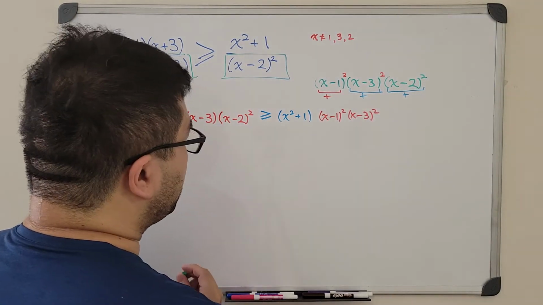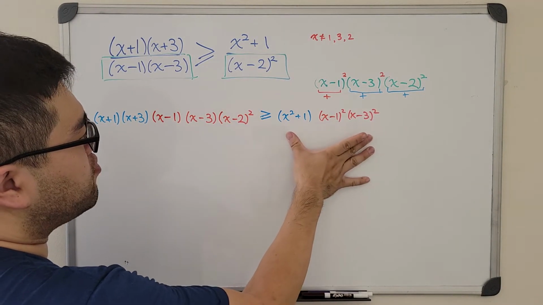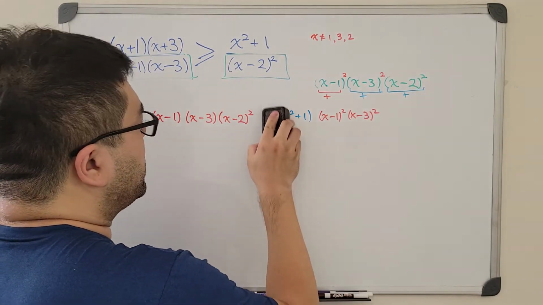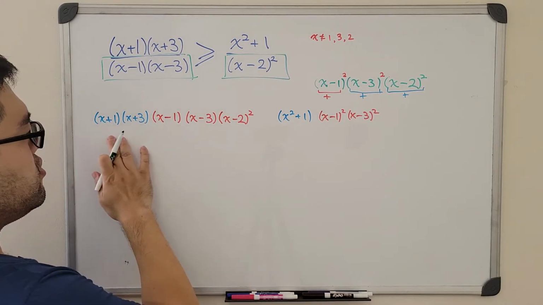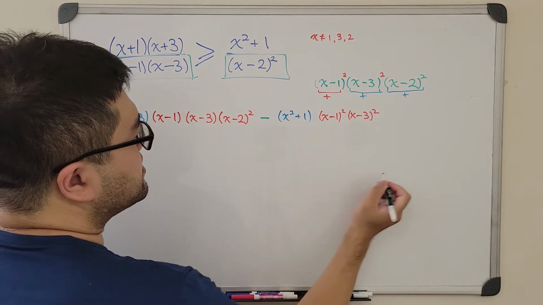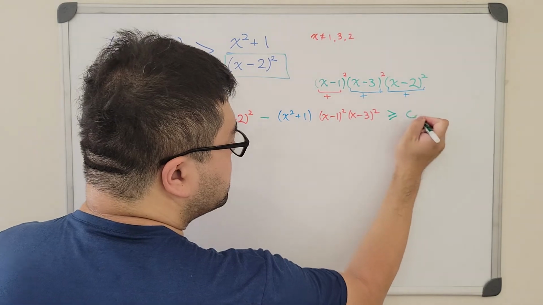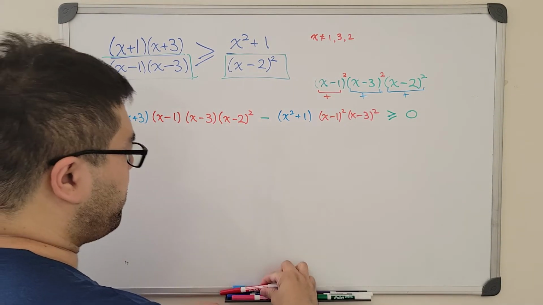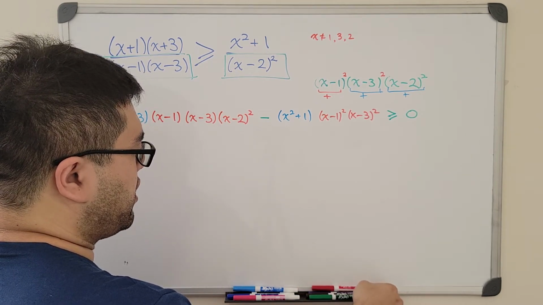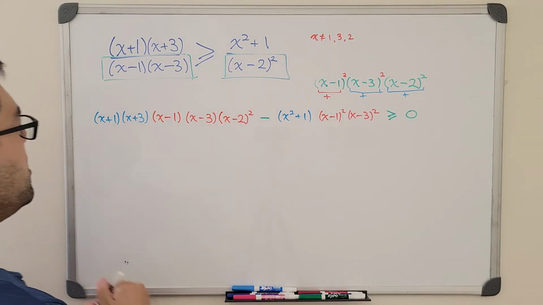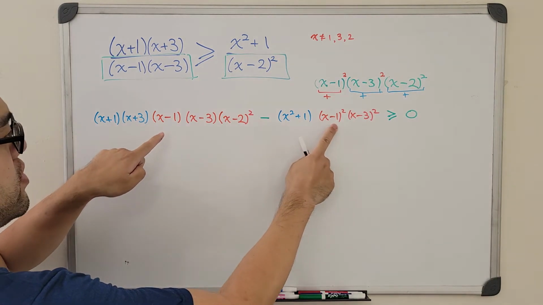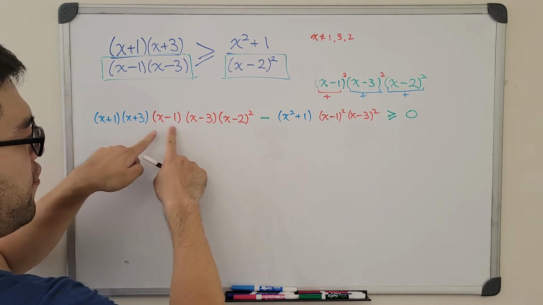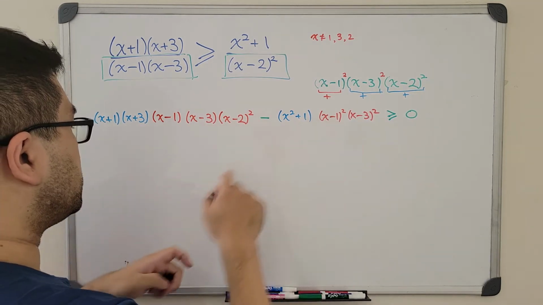So first thing, of course, we have to move the right-hand side to the left by subtracting it. So we now get the left-hand side minus the right-hand side is greater than or equal to 0. Then we're going to factor out what is in common. We have one copy of x minus 1 in the first term, and two copies in the second.